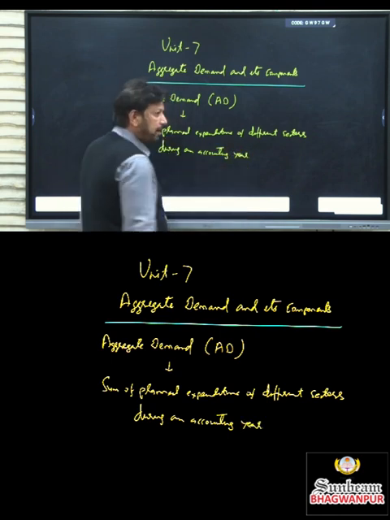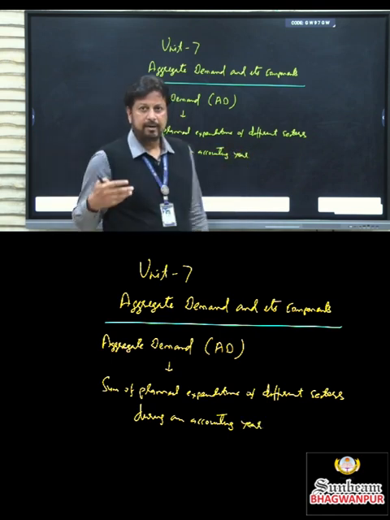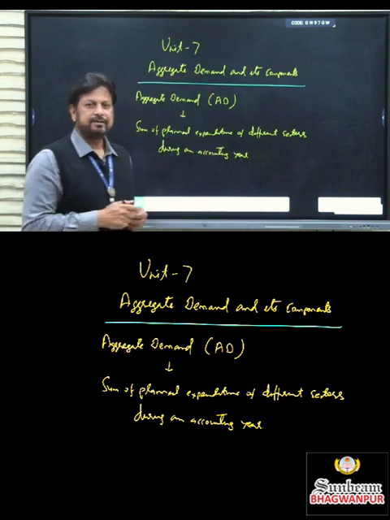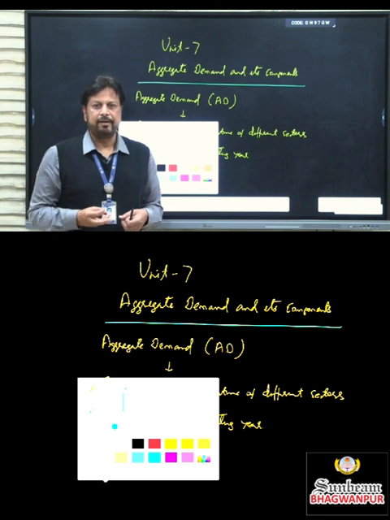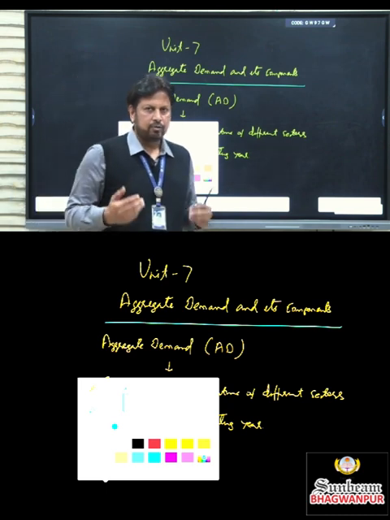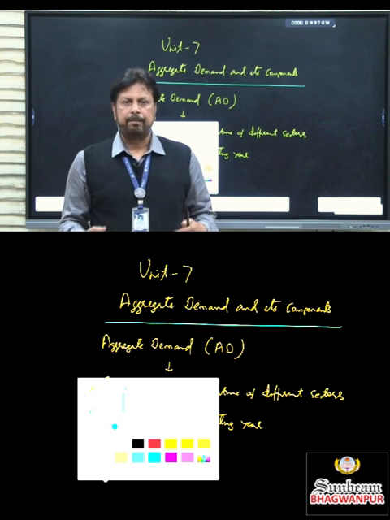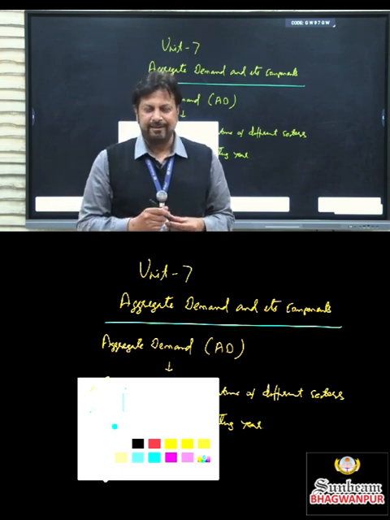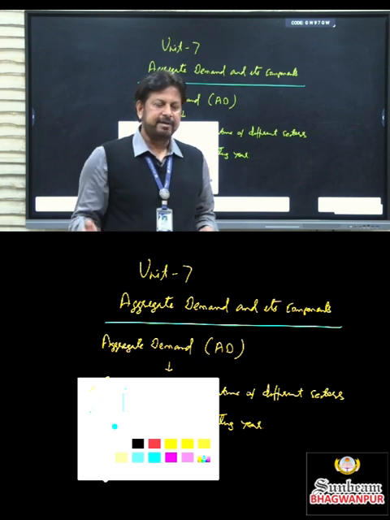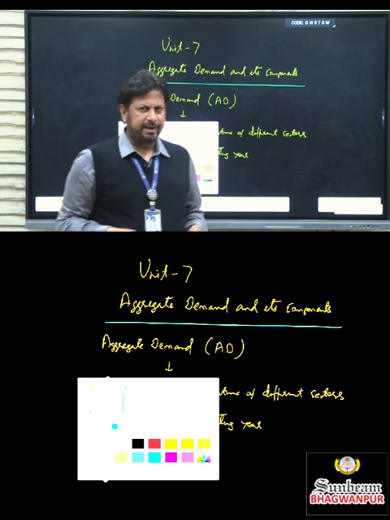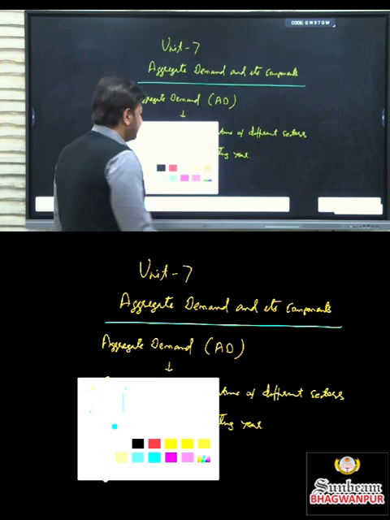All of you know about different sectors. So basically there are 4 sectors in the economy: household, firm, government and external sector. All these sectors plan to spend on final goods and services during an accounting year. So aggregate demand is the sum of the planned expenditure of all these sectors during an accounting year.